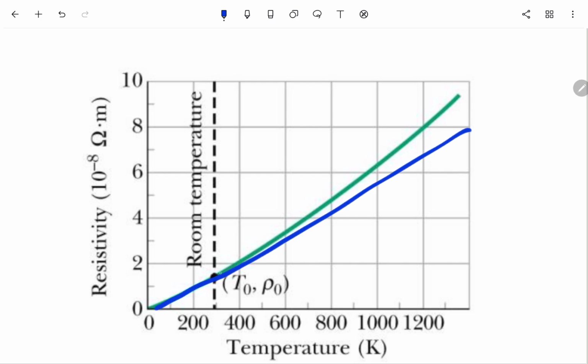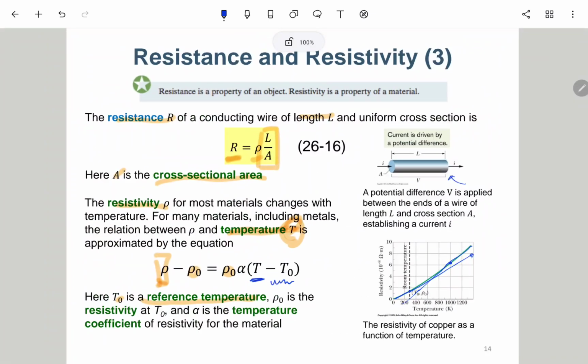So near this point will be more accurate, and far away from it will be more inaccurate. But if you want a more accurate result, let's say around 1000 Kelvin, maybe you can take the T0 at this point. So you will get a more accurate result at high temperature, but not so accurate at low temperature. The idea is like this too. So that's why we have a T0 and rho 0 here.